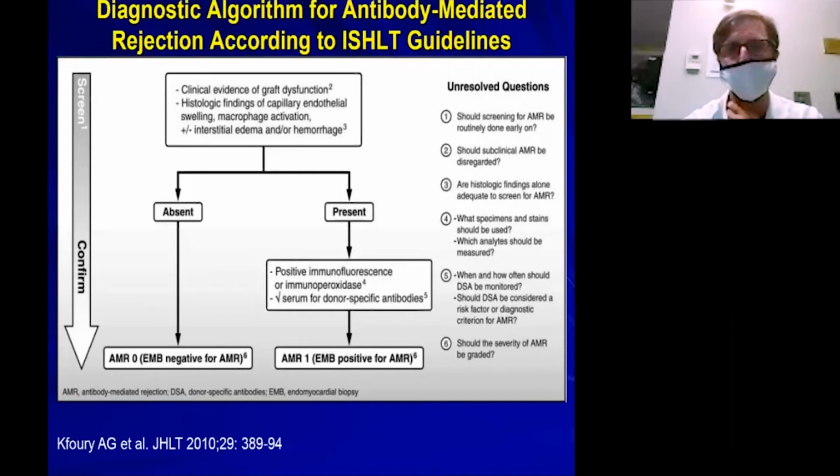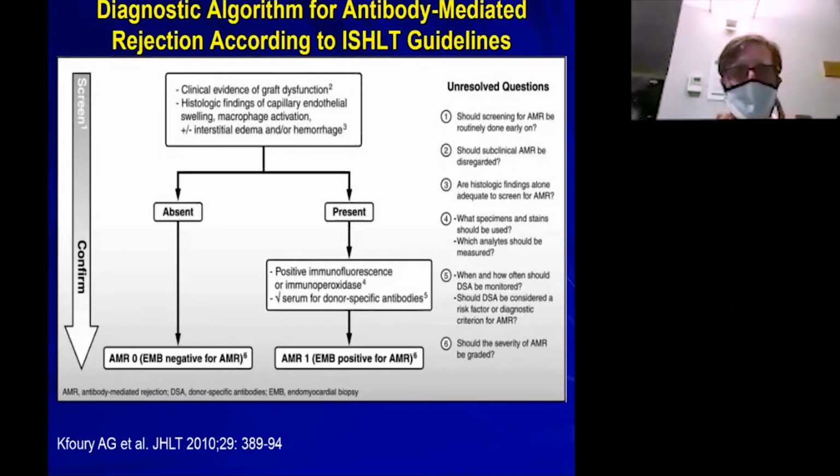And then you look at histological findings of capillary endothelial swelling, macrophage activation, etc. You can have AMR either by biopsy, or by the presence of donor-specific antibodies, but there's a lot of questions on what that means in the absence of symptoms or abnormal graft function.